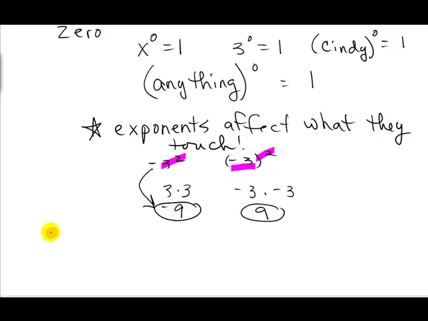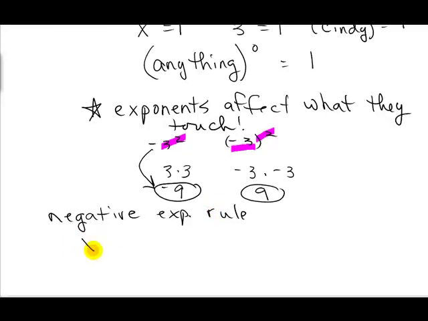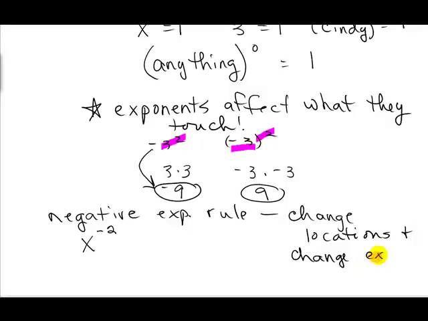The last rule is the negative exponent rule. If you have a number with a negative exponent, or a variable, or whatever, what we're going to do is change locations and change the exponent sign.